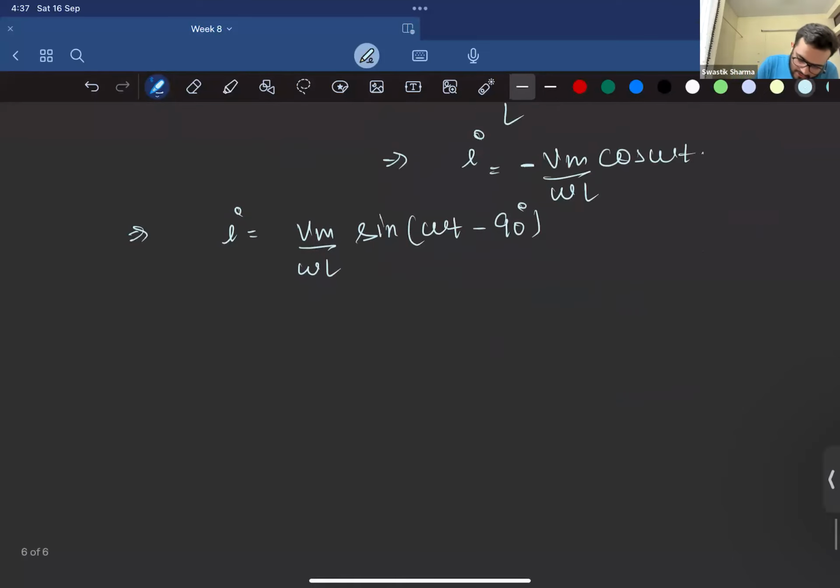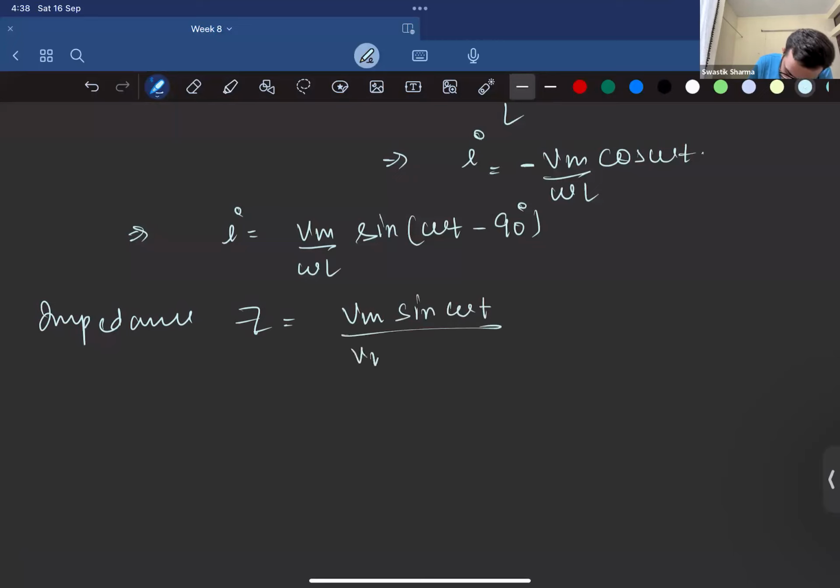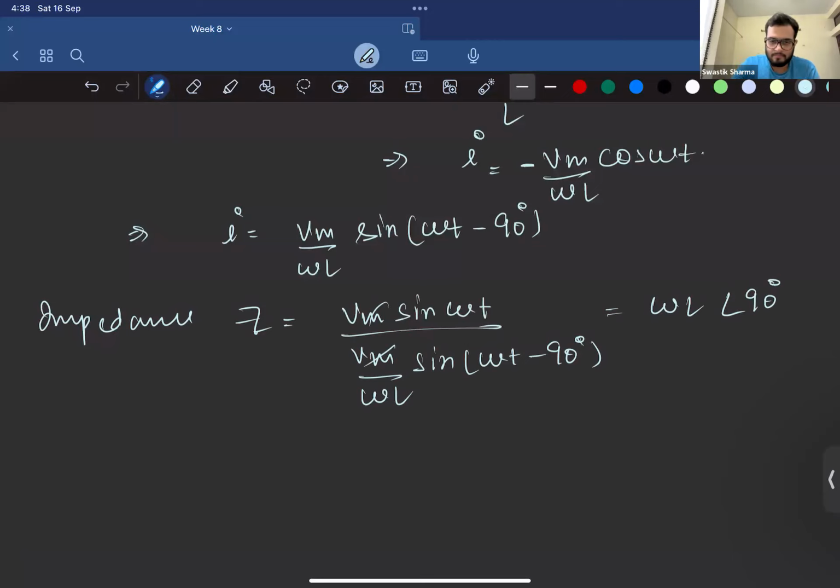So what is the impedance going to be? Impedance, as I told you, is nothing but Vm sine omega t, that is the voltage, divided by the current, which is Vm upon omega L sine omega t minus 90 degrees. So if we solve this, we'll get that it's nothing but omega L at an angle of 90 degrees, right? Is it going to be 90 or minus 90? Can someone tell me?